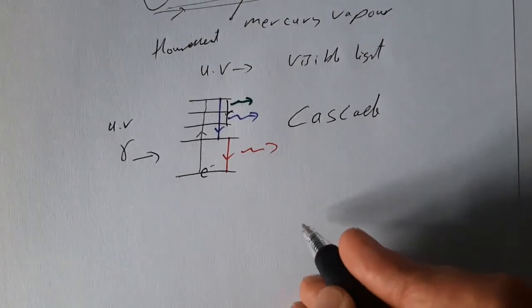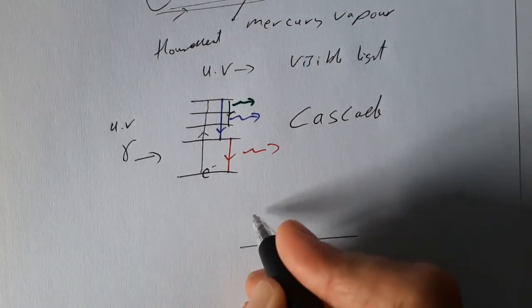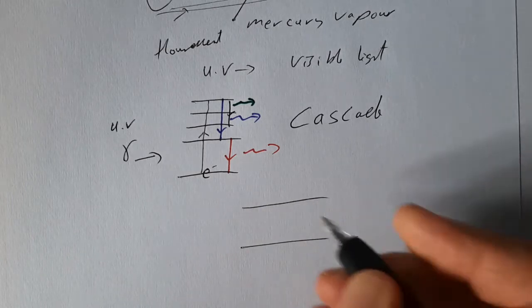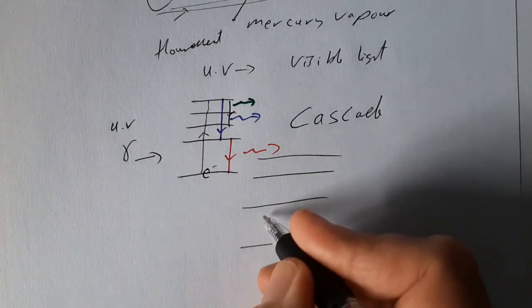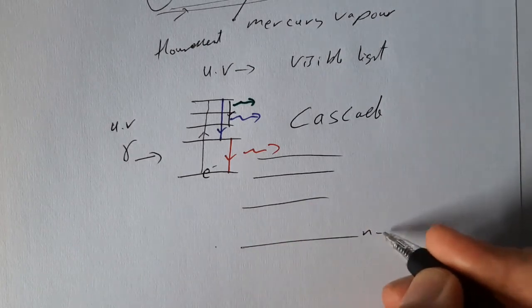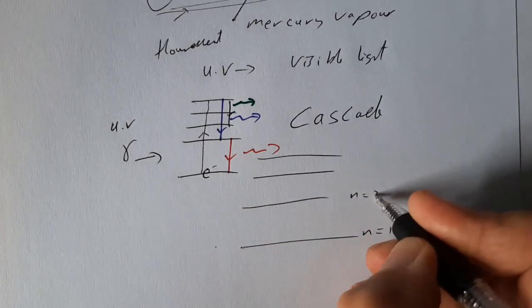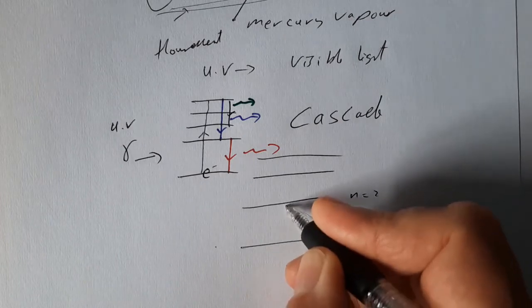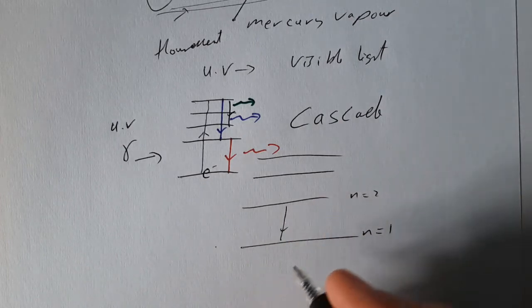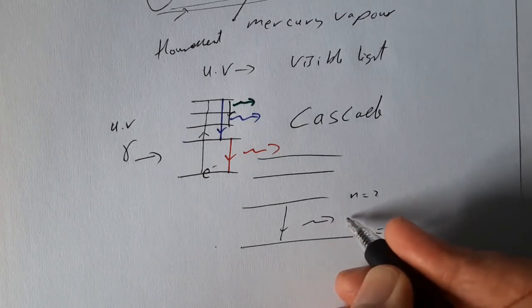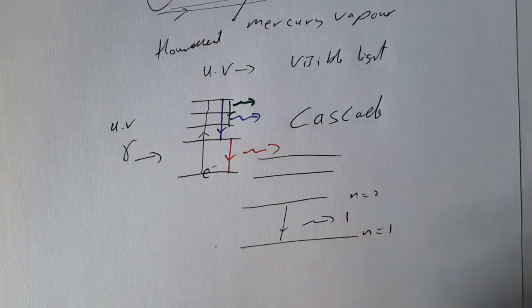It's worth just having a quick look at different numbers of energy levels, or electrons in different energy levels. If an electron goes from n equals 1 to n equals 2, as it comes back down, we've only got one energy level involved. We can only have a single energy of photon involved.